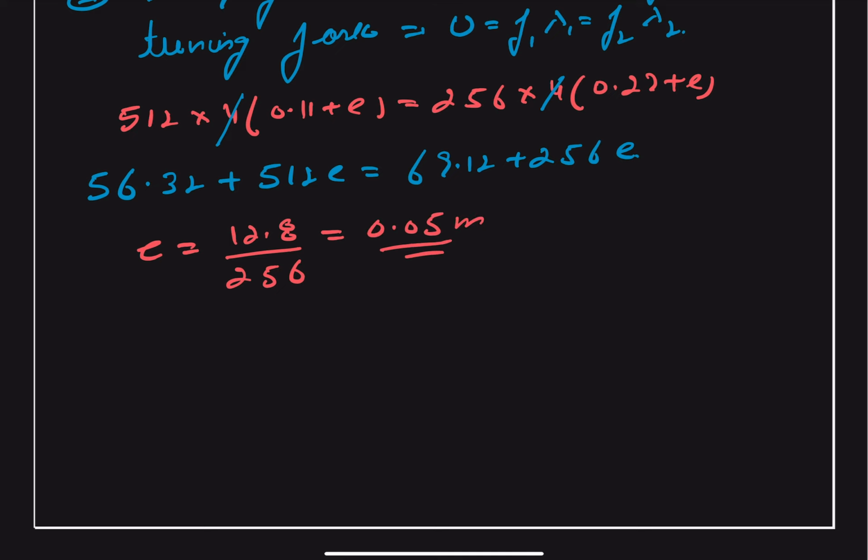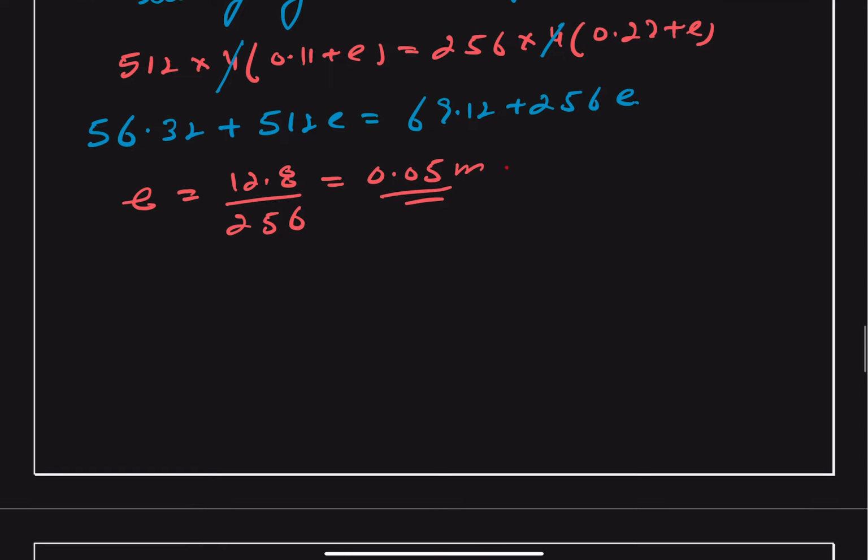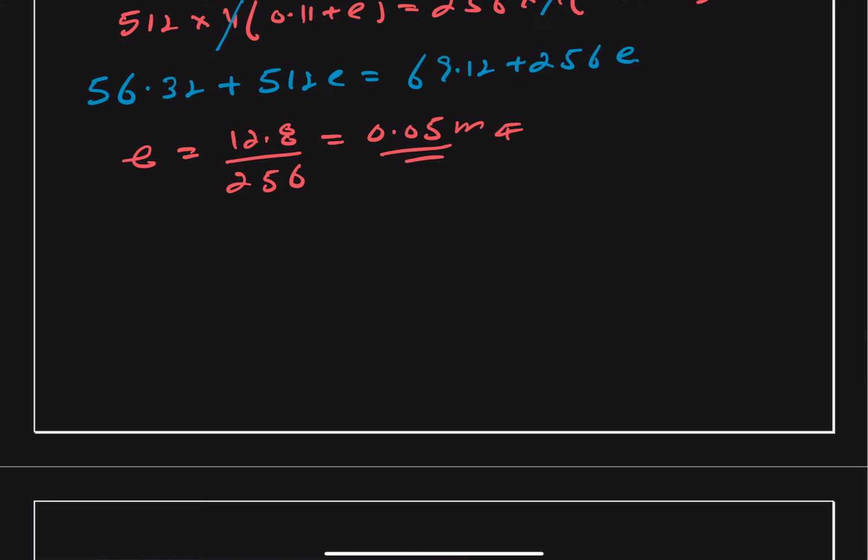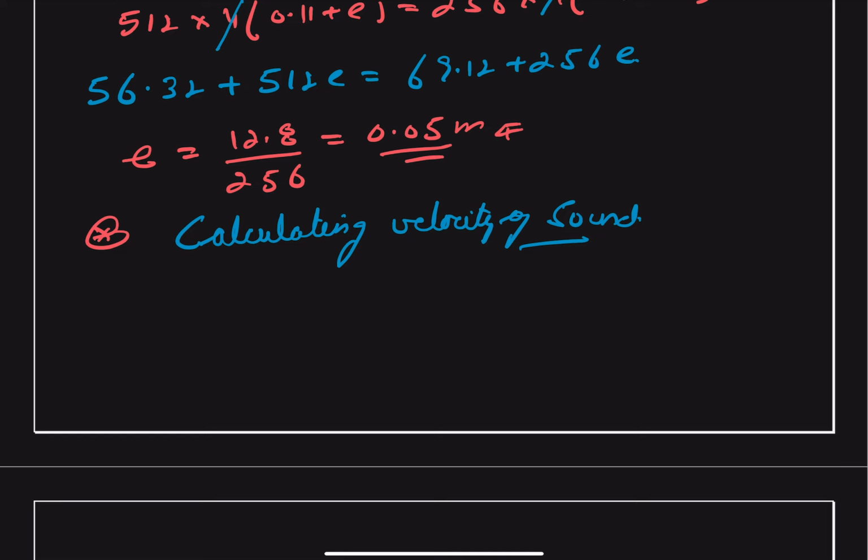So we were able to find the end correction, that is the value of E, and based on this value of E we are going to find the effective length. Next is our calculation of the velocity of sound, which is our final part to solve. Let us first find our L effective.